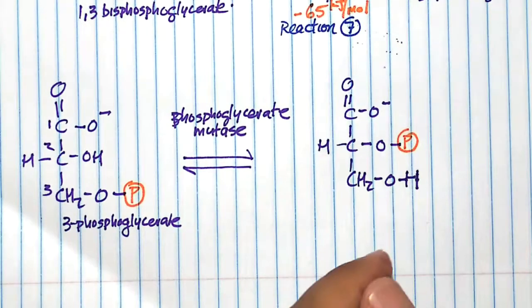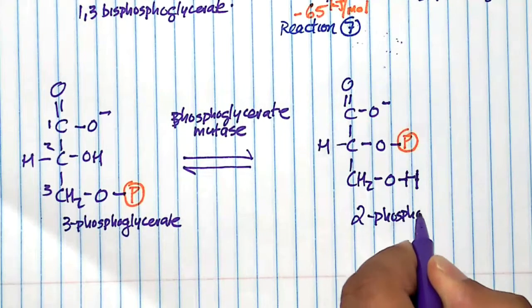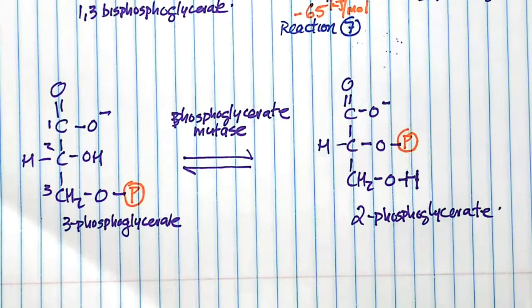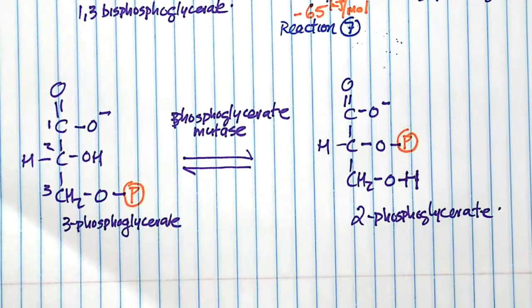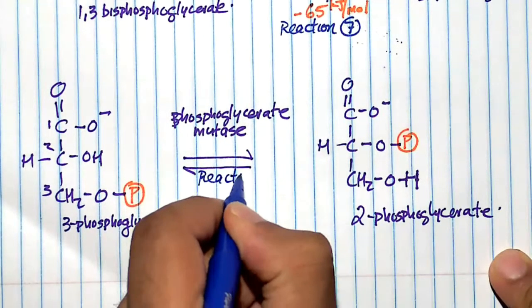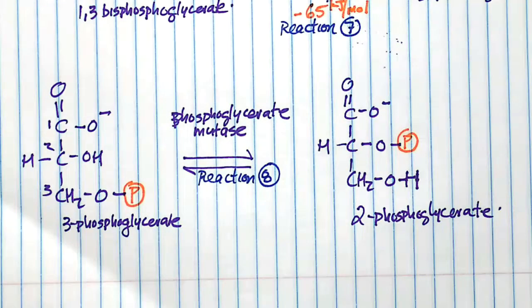Okay, 2-phosphoglycerate. By the way, this enzyme, phosphoglycerate mutase, which is reaction 8 of glycolysis, proceeds via an amino acid active site, as all enzymes do.